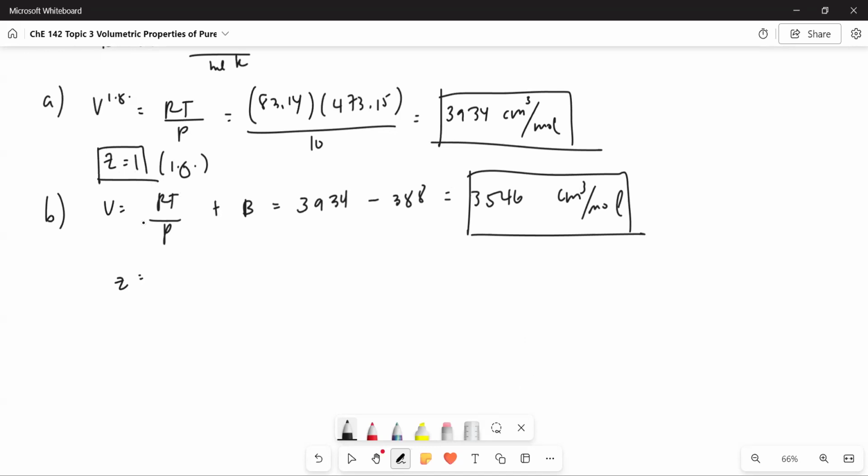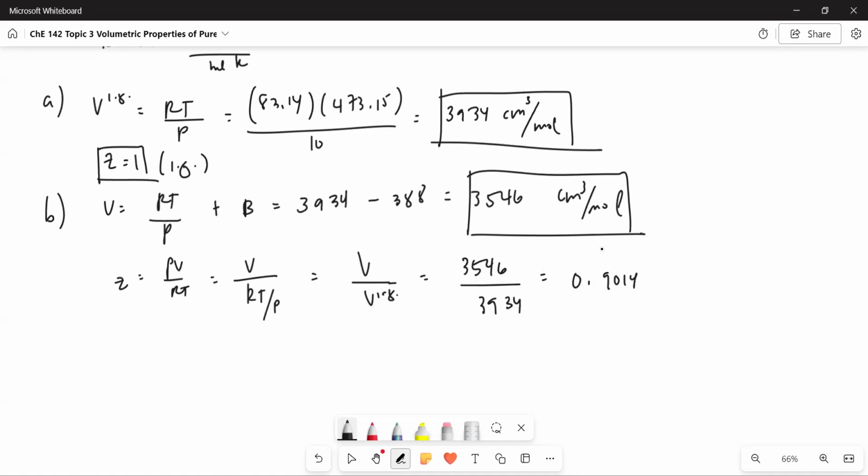Simply PV over RT. Let's derive that. Let's move P to the denominator. And this is simply the volume divided by the volume of an ideal gas. Remember, Z is the ratio of the real volume and the volume of the ideal gas. So we simply divide the two values and you will get Z equal to 0.9.